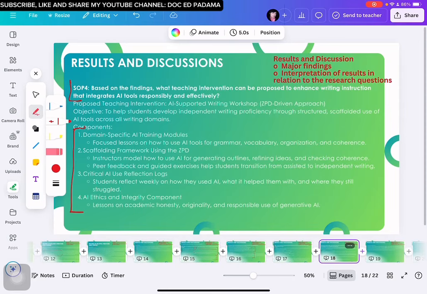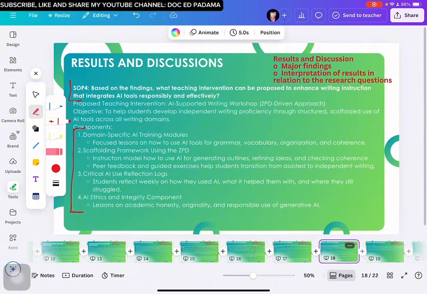So, for this particular part, the interpretation is already included under the components. Okay, so SOP number 4 does not need any tabulation or computation or statistical analysis, because if you look at the question for SOP number 4, it only tries to solicit interventions that can be proposed.